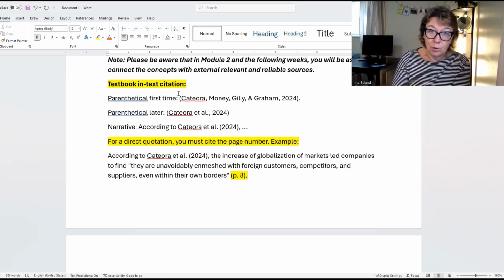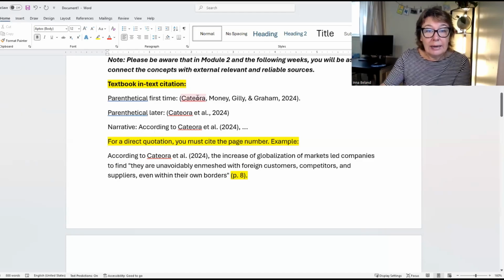When we cite the sources, we acknowledge the contribution of the authors to the body of knowledge that we are exploring, that we are using. It is very important to show respect to those people who created information that we are using for our discussion.